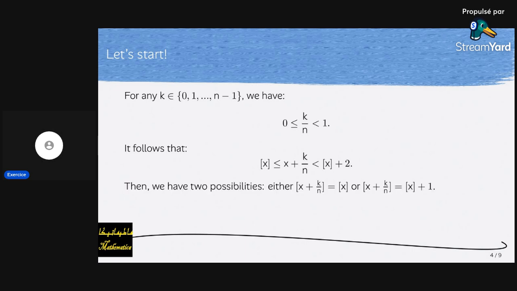So we have two possibilities for the integer part of x plus k over n. Either it's equal to the integer part of x or the integer part of x plus 1, because the integer part of x and the integer part of x plus 1 are the only integers in the interval between x and x plus 2.